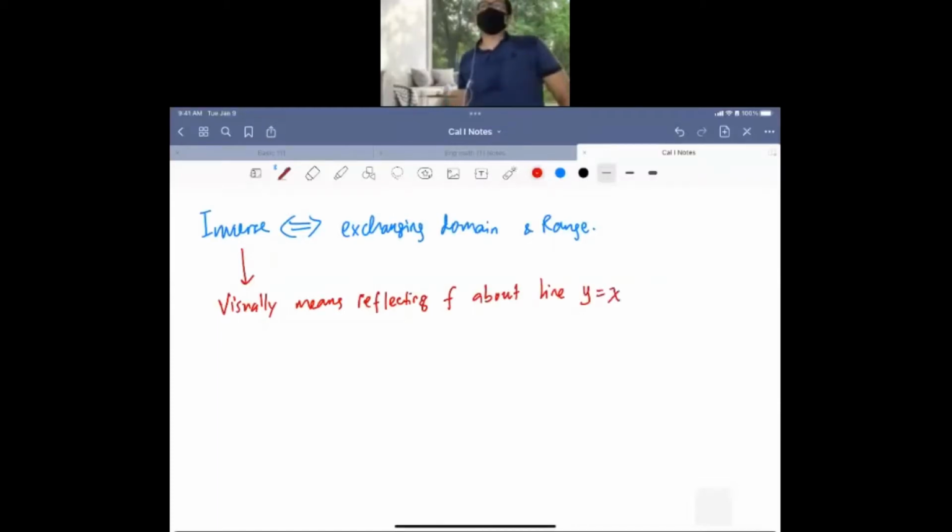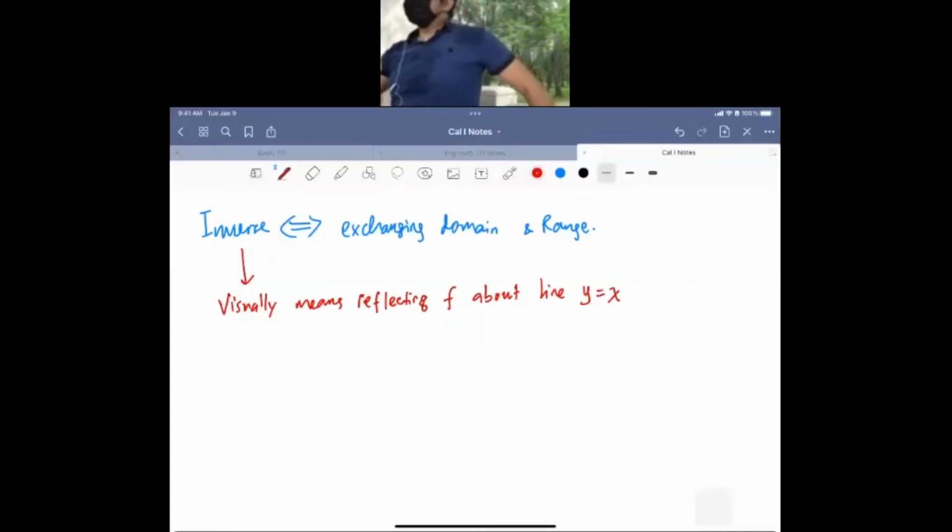This is also one of the practices or visuals. If you have a graph, the inverse means you are reflecting your graph through y equal x. Okay. Right?